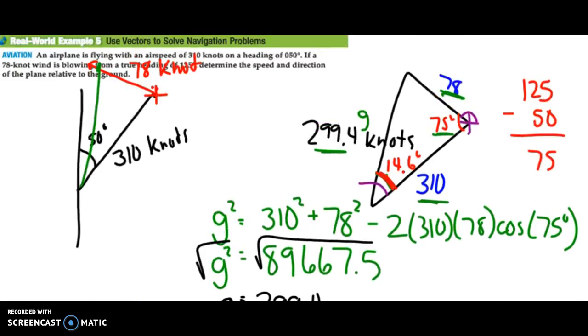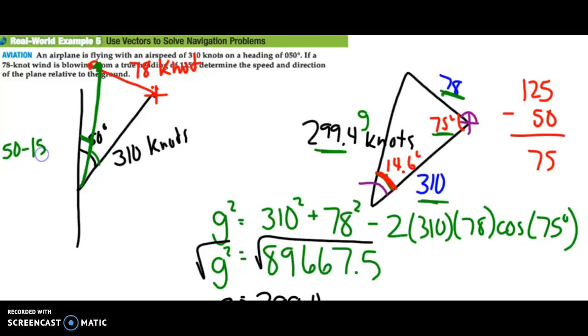Okay, so if I go back to my original picture, to figure out this green line right here, my resulting vector between the two of them, it has a magnitude of 299.4. Well, we said if this value right here was 14.6, then this value from true north is going to be 50 minus 14.6.